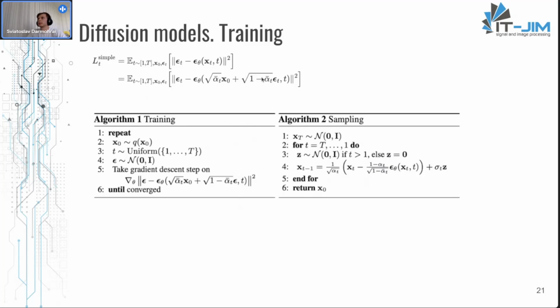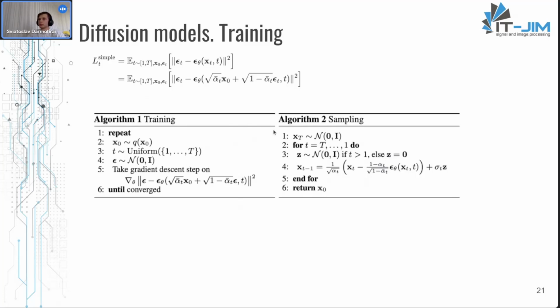This is a term for injecting noise for a timestamp t. We don't need to add noise consecutively for each time step; we can plug into this formula and generate noise as it would be for this timestamp for the original image x0.